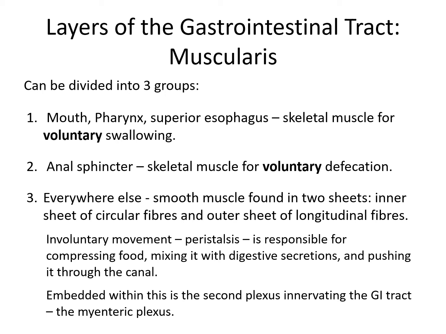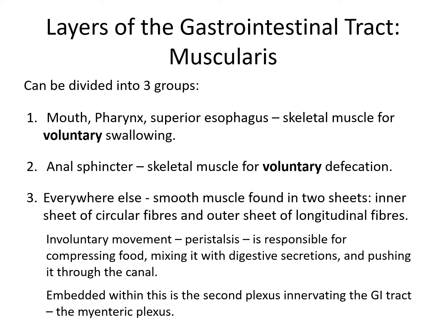You cannot control most of the stuff that's going on within the middle of your digestive system. So you don't have control over movement of material in the stomach or through the intestines. And that's because the muscularis layer is entirely visceral or smooth, involuntary muscle in that part of the digestive system.